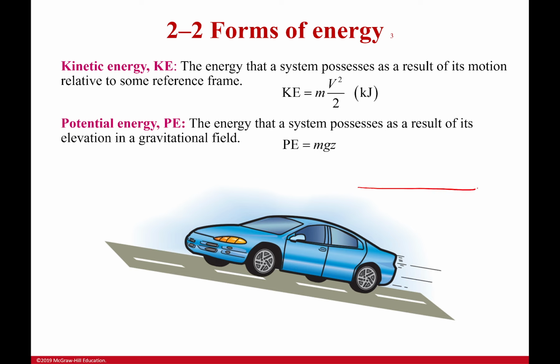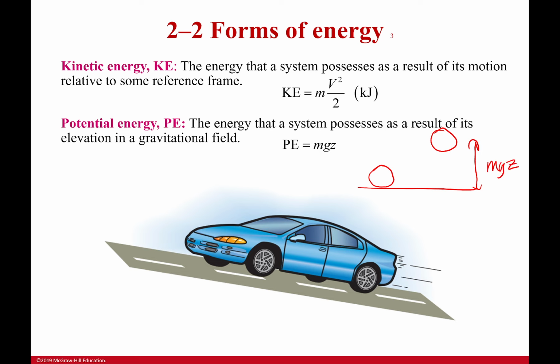For example, if I take a ball, and that ball right here is on the ground, just sitting there, not moving, then it's not doing anything. It doesn't have the potential to do any work. It's not going to just suddenly start moving. However, if I then take that ball and put it in the air, it has gained potential energy.